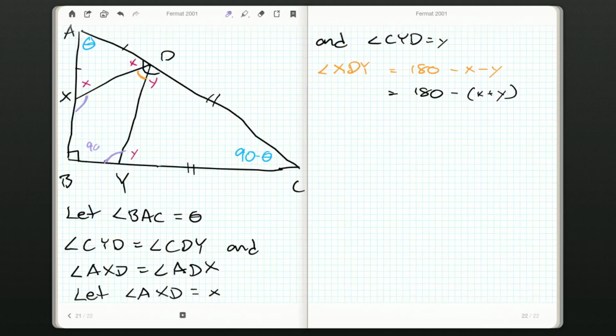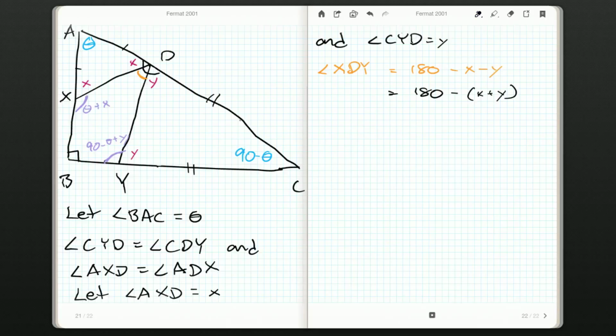So it's going to be 90 minus theta plus y. And likewise, this one here is going to be theta plus x. Okay, so I'm getting them closer, getting them related to one another. But what else is there?